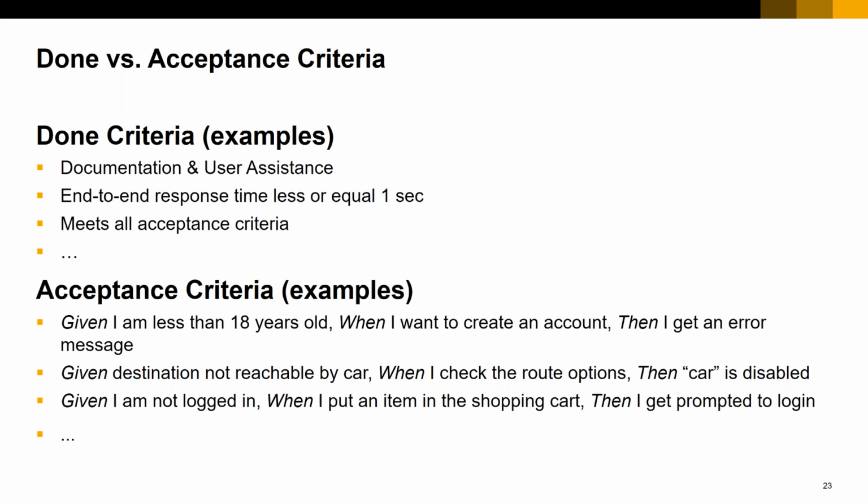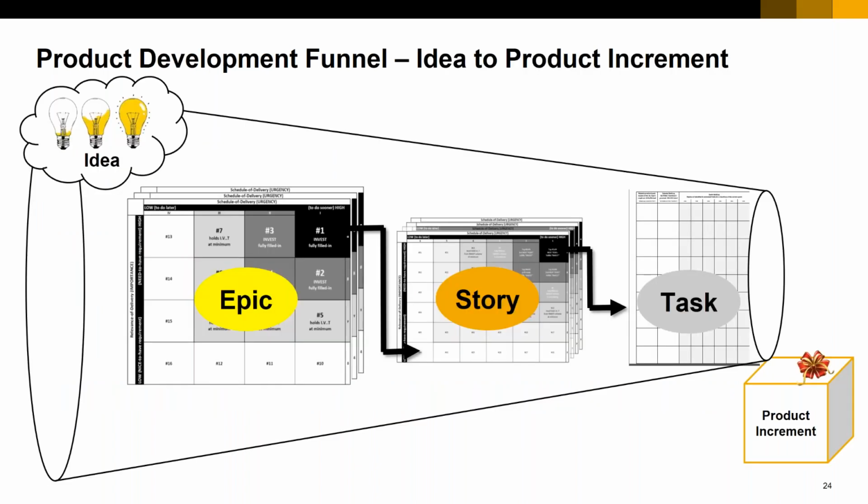Now, with that, typically there is an idea or a business case, which gets approved by the product development team. Then you break that down into functionally large units, what we call epics, right? And then that is further broken down into user stories.